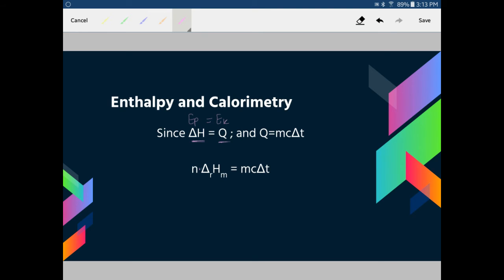So we can actually look at examples where we have our moles times our molar enthalpy, which equals our MC delta T. So this is essentially just that: our delta H is equal to our Q. So we can just plug in any variables that we might be given into this entire equation to calculate any one of these variables.